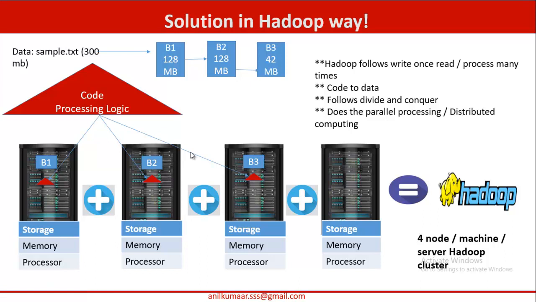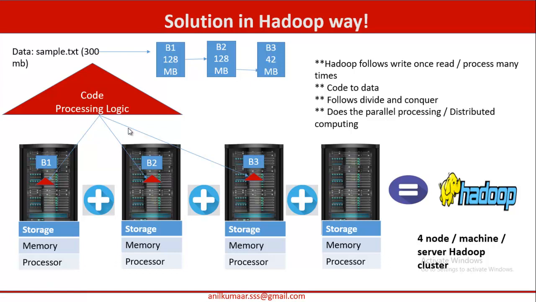What do you mean by mapper, what do you mean by reducer, how they will process, and what do you mean by that intermediate result, those things will be answered in our next session. But for now, just understand, once data is distributed like this, we are sending the logic. What kind of logic? Initially the mapper logic. Mapper 1, mapper 2 and mapper 3 are working in parallel and providing the intermediary results.